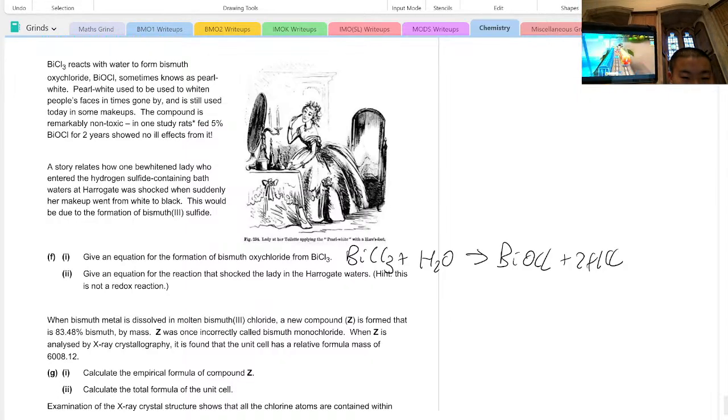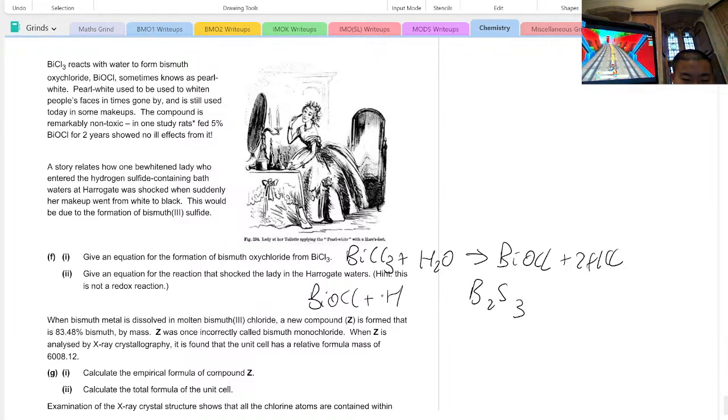Bismuth 3 sulfide is Bi2S3. So BiOCl plus H2S, I think, in the Harrogate waters.